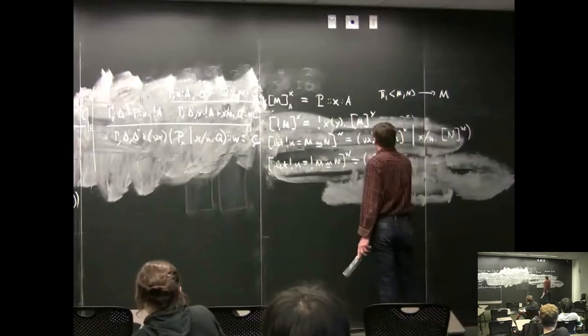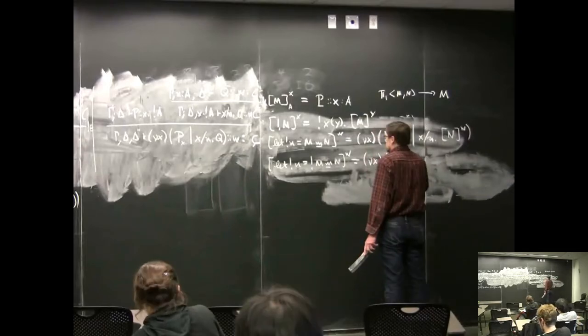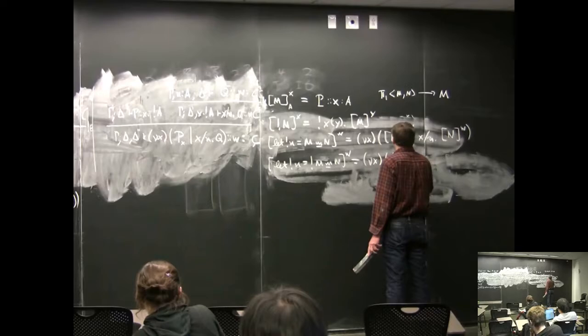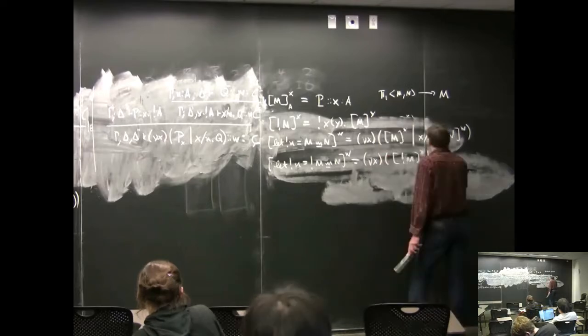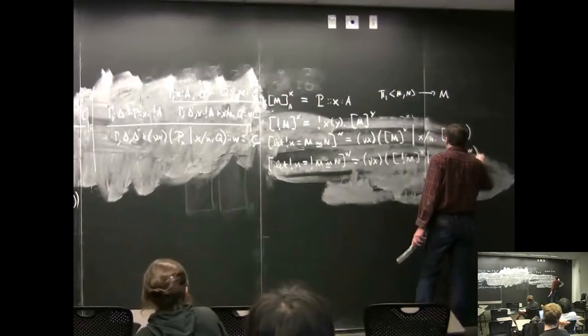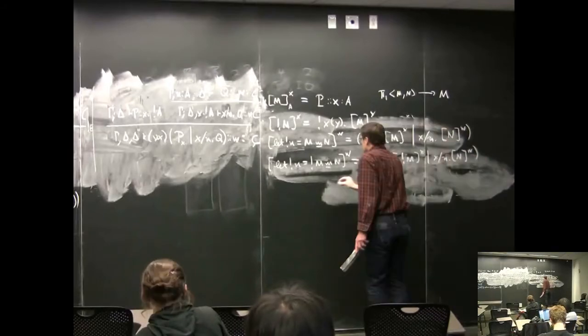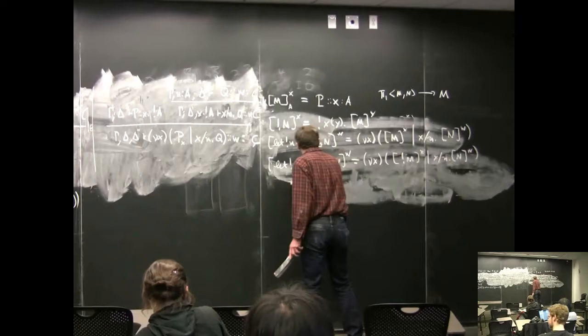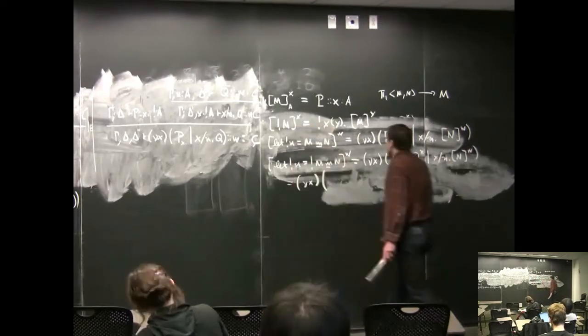So we get nu X, translation of bang M with respect to X, in parallel with X for U in N with respect to W. And then we get nu X. What's the translation of bang M?